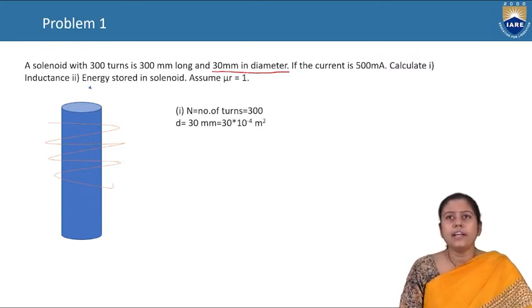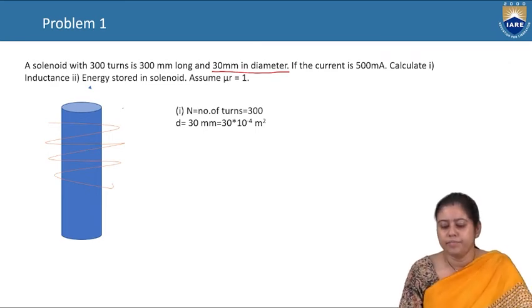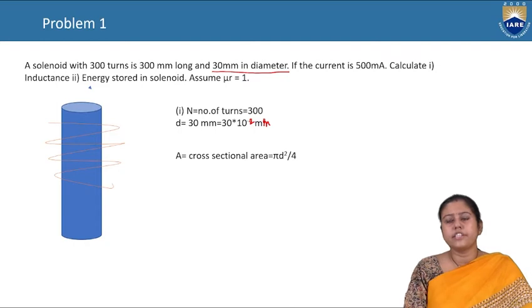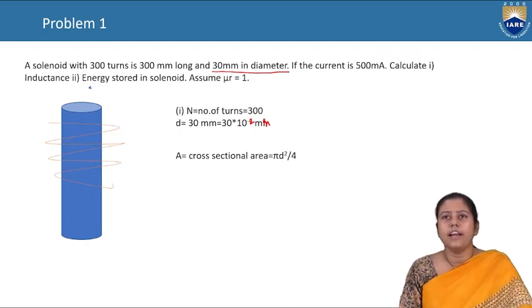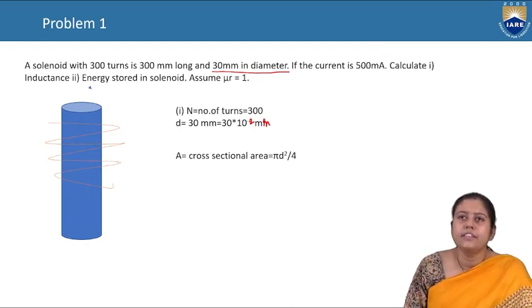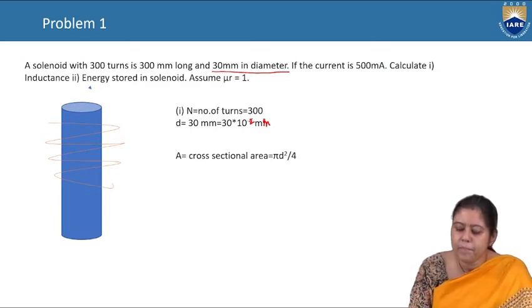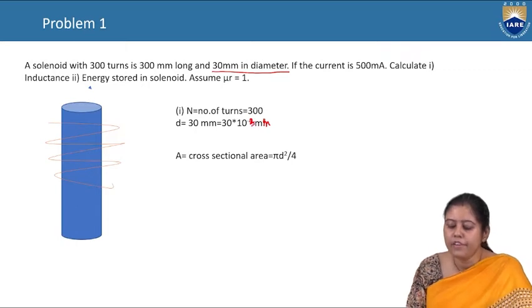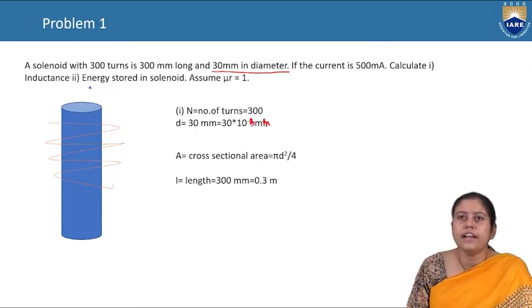The diameter is given as 30 millimeter. So what is the cross-sectional area? Cross-sectional area is pi d square by 4. The length is given as 300 millimeter or 0.3 meter.